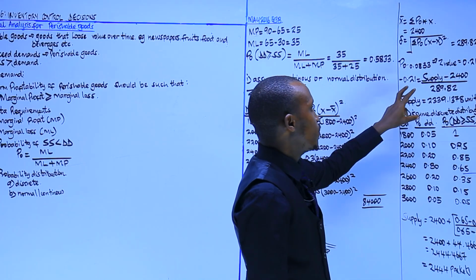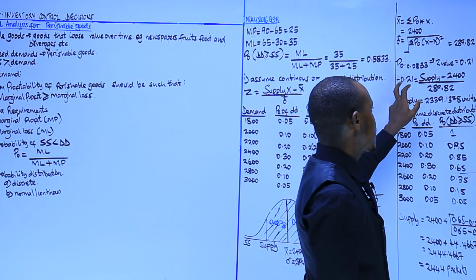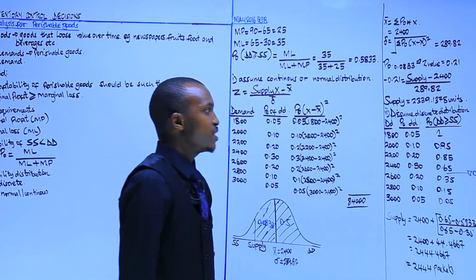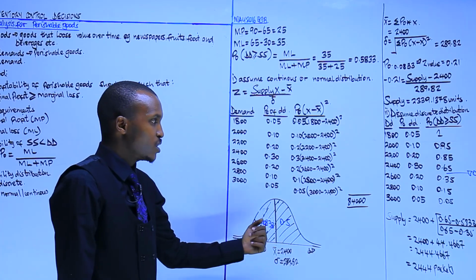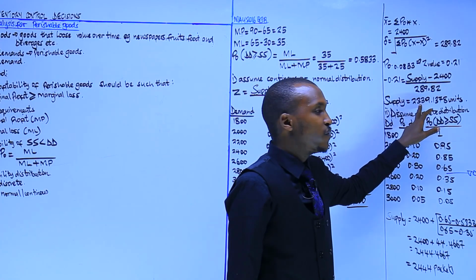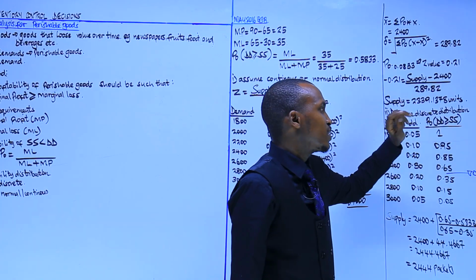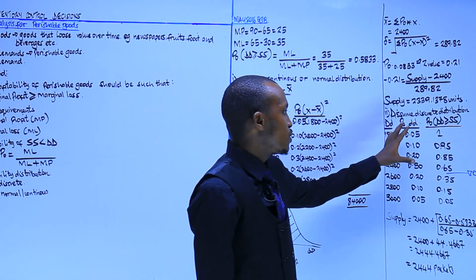So you go to your table and the value you get, you have it as a negative, because you want something less than 2400, and from our question it is true. We have less than 2400, which is 2339.1378. Then if it is what?